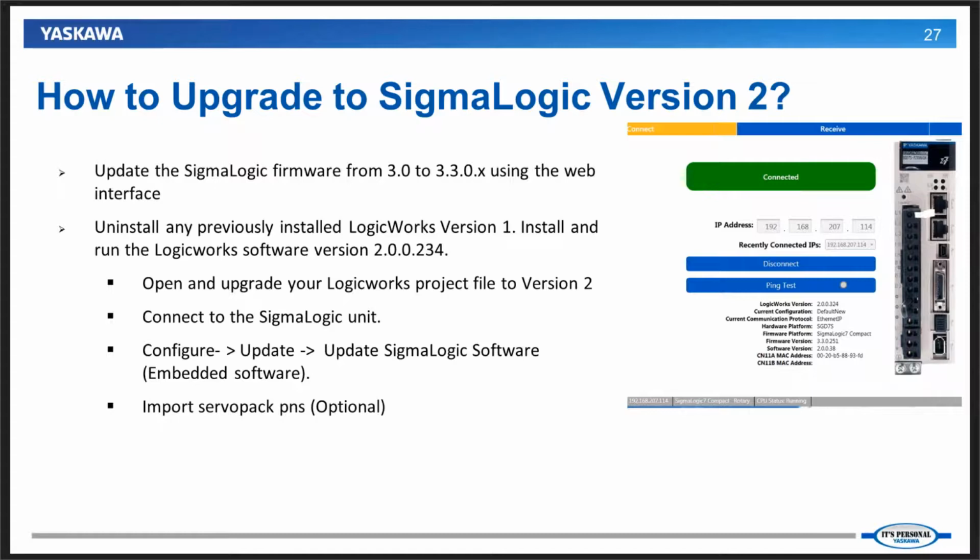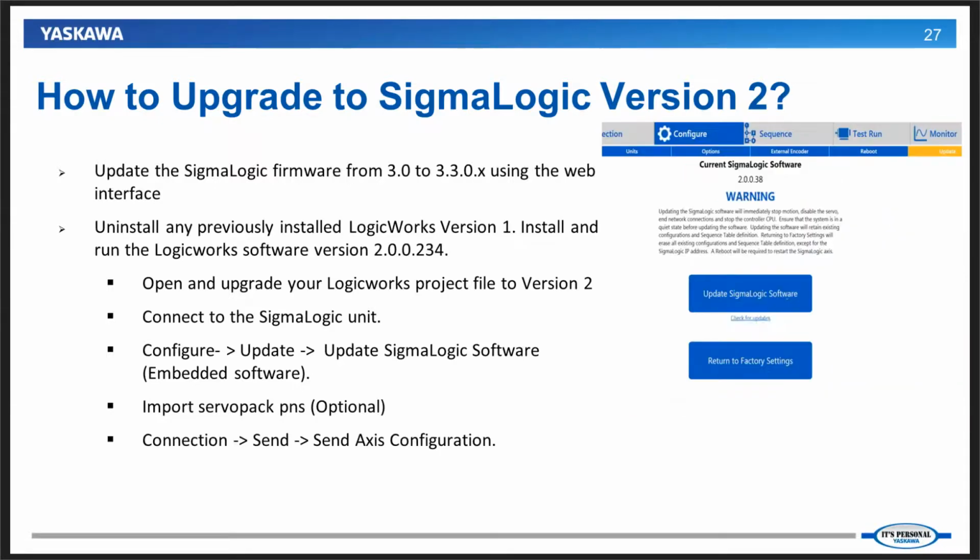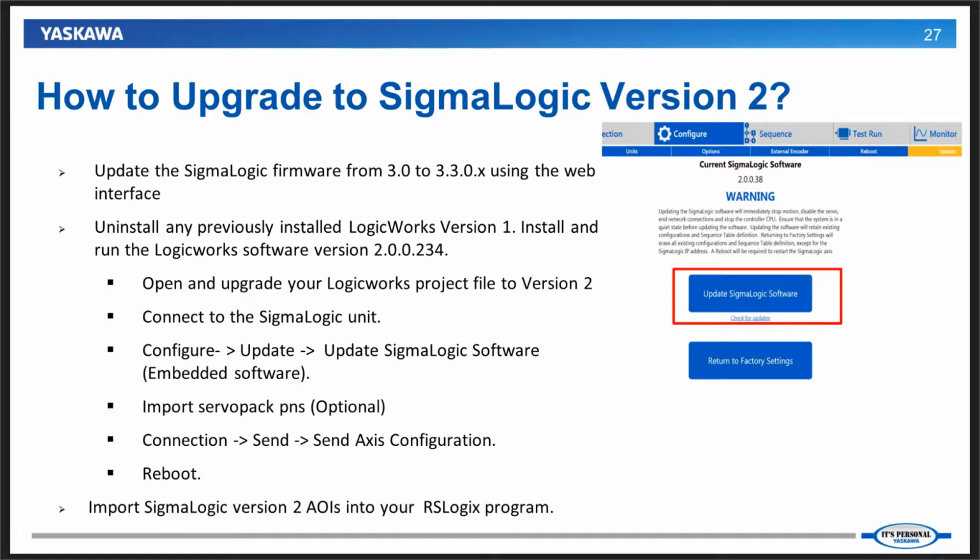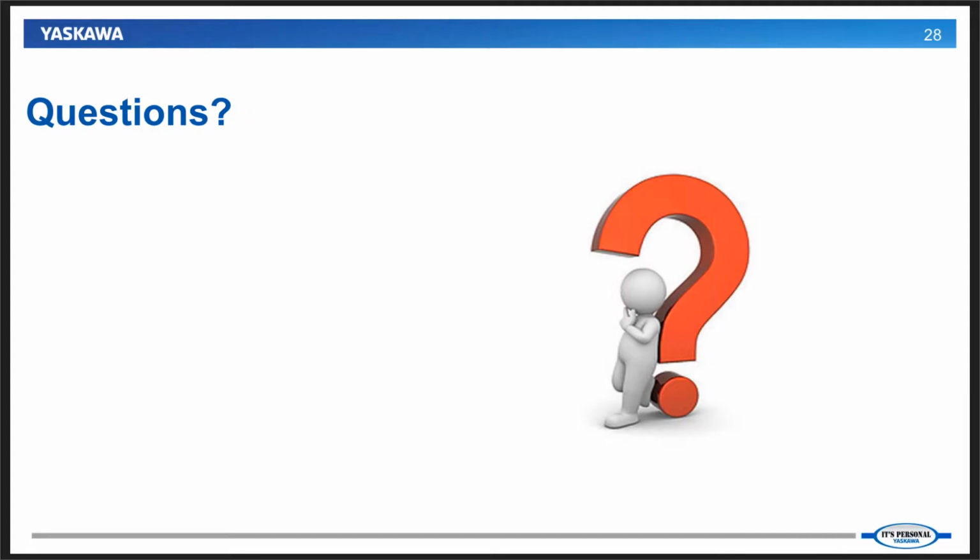So if you never made any changes onto the drive, then you don't have to do this step. Then go to Connection, send access configuration, and reboot your controller. And once you've done that, go to your RSLogix program, import the new set of AOI version 2 into your RSLogix program, and you're all set.